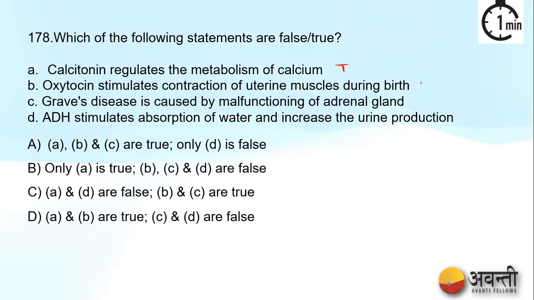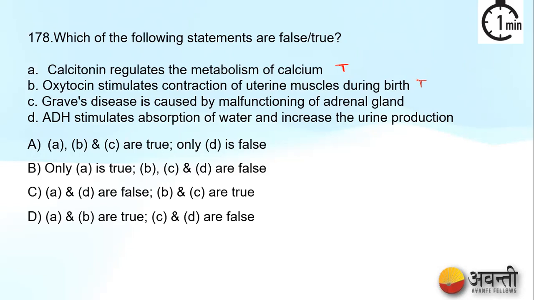Yes, this is also true. It is a positive feedback mechanism during childbirth. Whenever oxytocin is released by our pituitary, more and more oxytocin is released as the contraction of the uterine muscles increases. So it helps in the parturition process, pushing the baby through the birth canal so that the baby can be delivered.